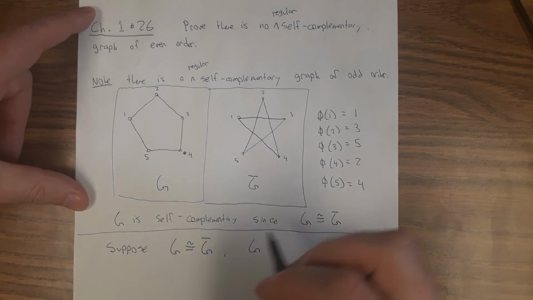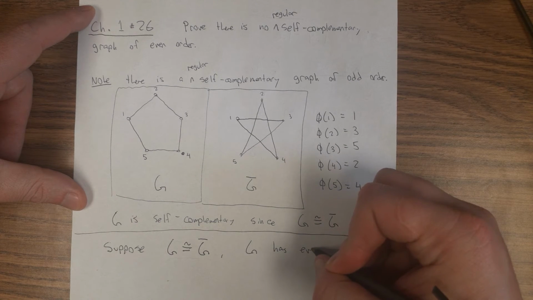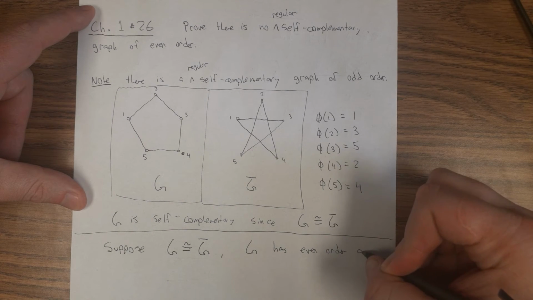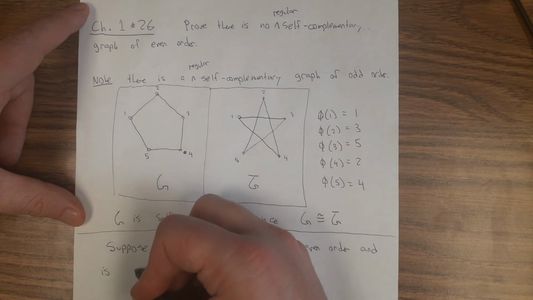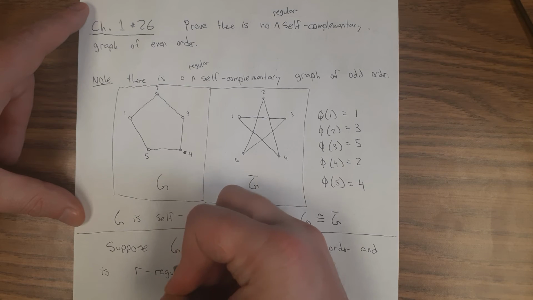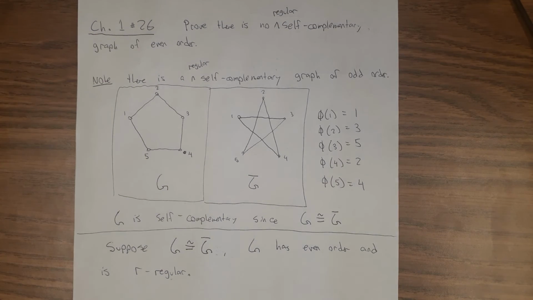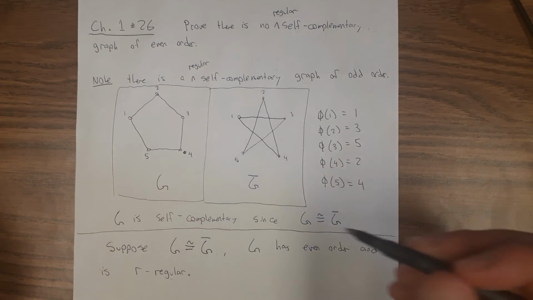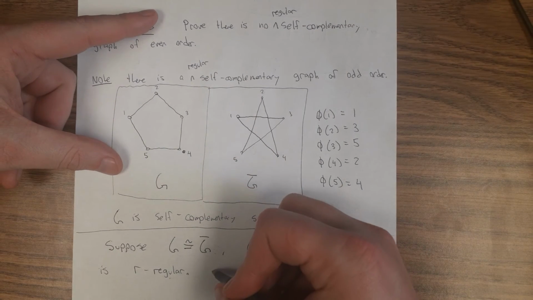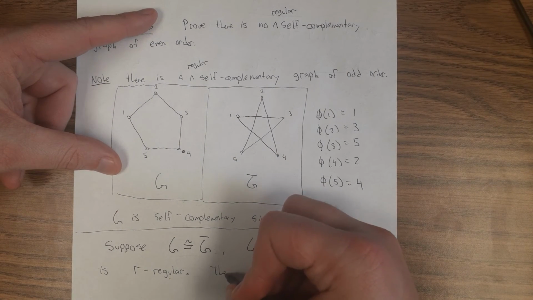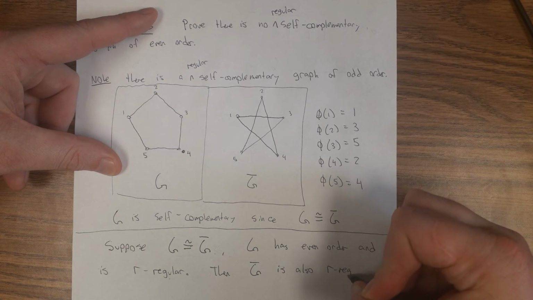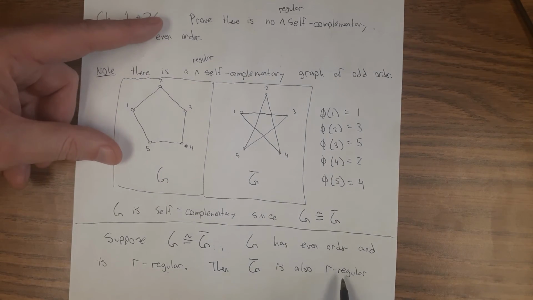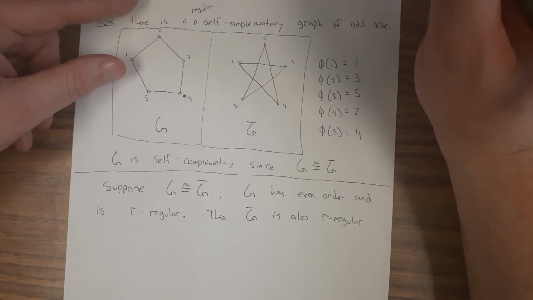So suppose it's self-complementary, G has even order and is R regular. Then G complement would also be R regular because they are isomorphic.